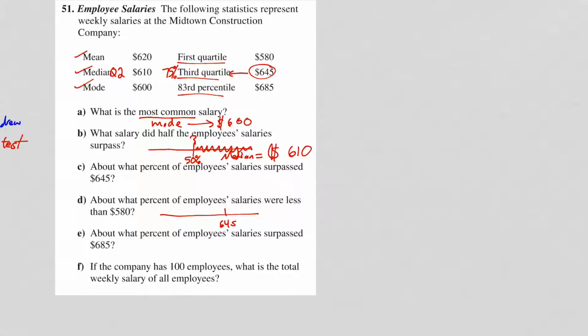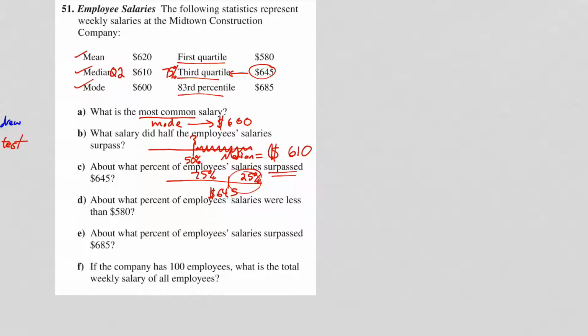Here's 645. So 645, this side is 75%, this side is 25%. So the key word is surpassed, that would be the right side. Okay, 25%.